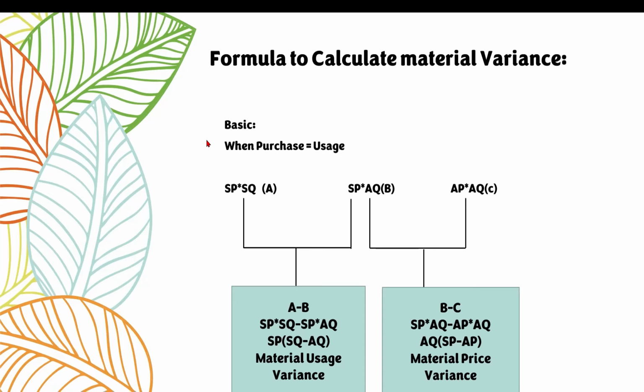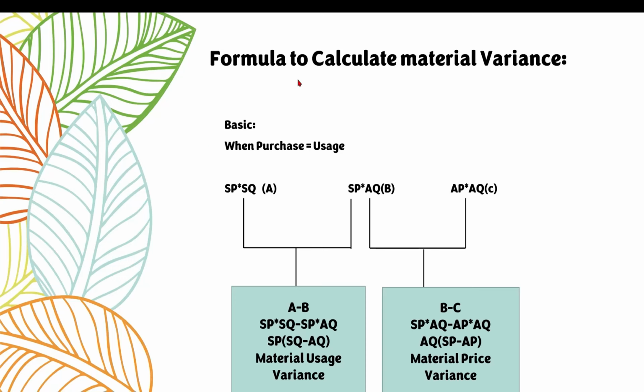If we talk about the basic, there are two cases. In the first case, we purchase the material and we use that whole purchase quantity in production, which means there is no closing inventory. In the other case, the purchased material is not wholly used, and there is still some material left in inventory, that is the closing inventory. So we will discuss the two parts for the basic.